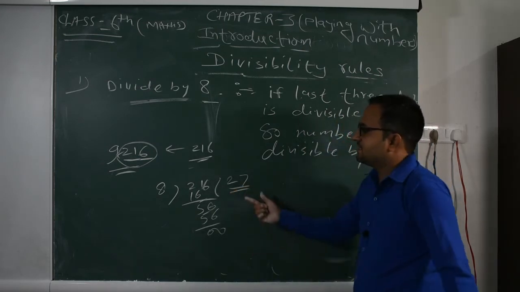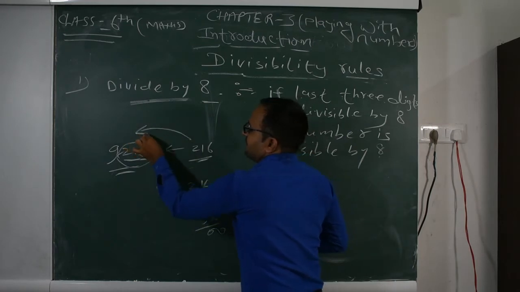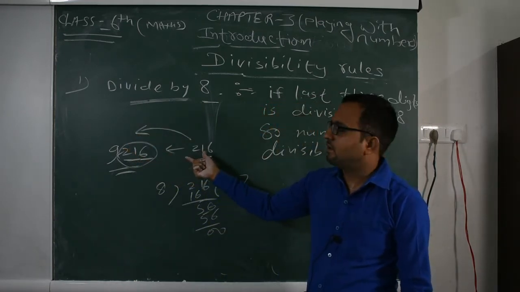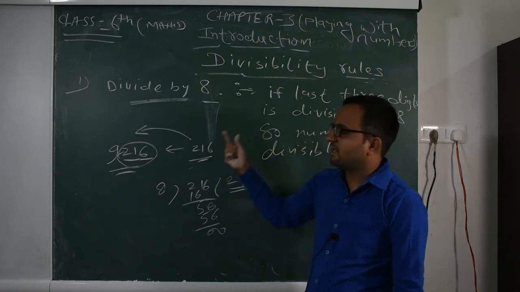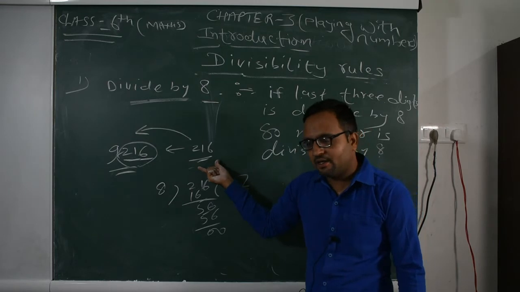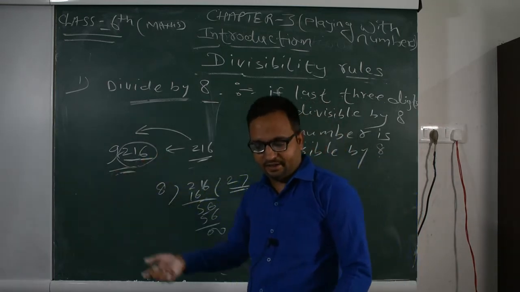So the number is divisible by 8. So we also call 9216 divisible by 8. So in the case of 8, we check the last 3 digits. If the last 3 digits are divisible by 8, then the number is also divisible by 8.